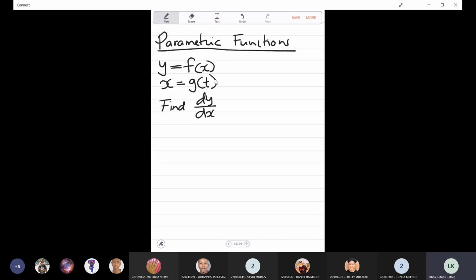Now the formula that we use to work out this derivative is pretty simple. We have dy dx equal to dy dt over dx dt. I think here we should say these are both functions of t.